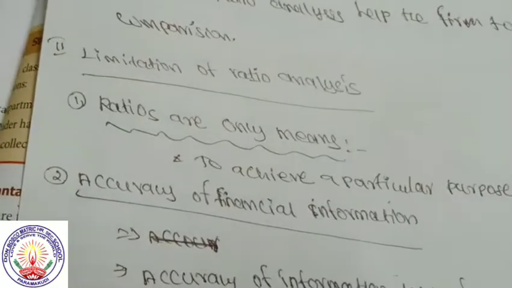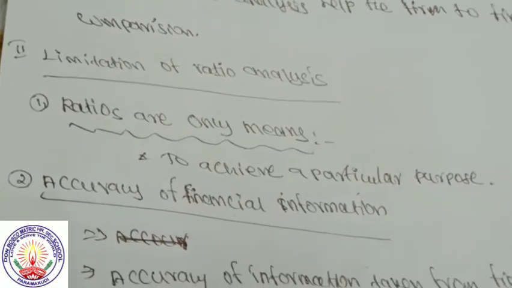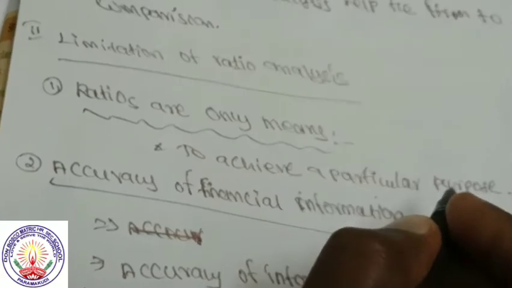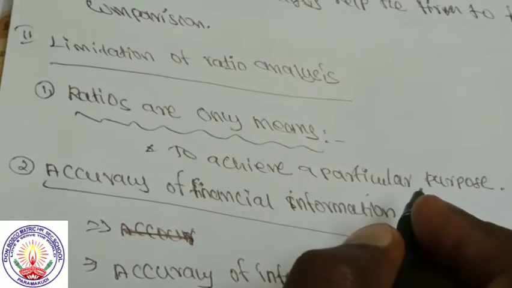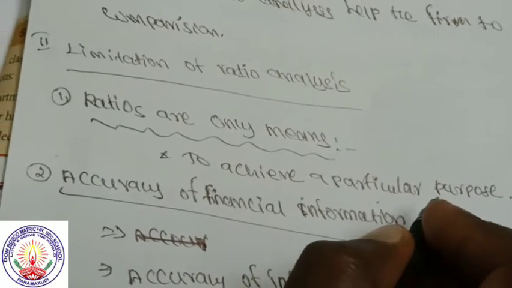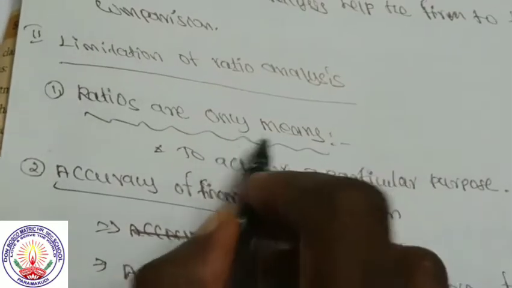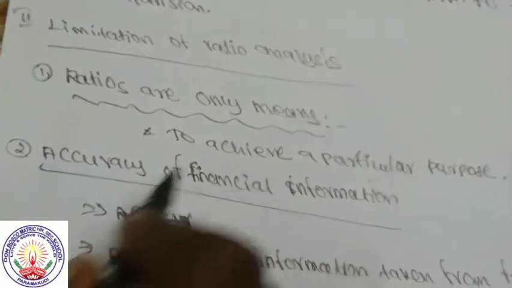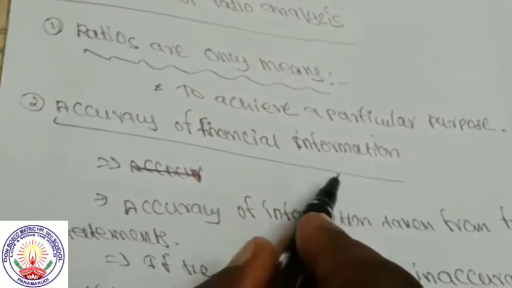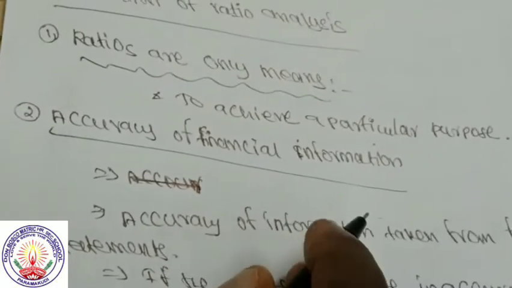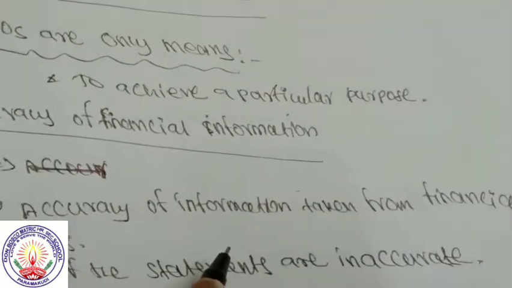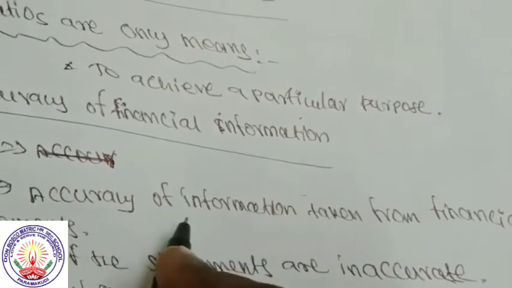First one, ratios only achieve a particular purpose, not a world-level purpose, only specific objectives and specific aims. Second point, accuracy of the financial information: ratio analysis only uses information taken from the financial statements, and then decides on the accuracy of the information.